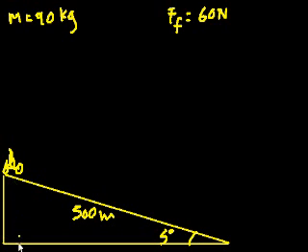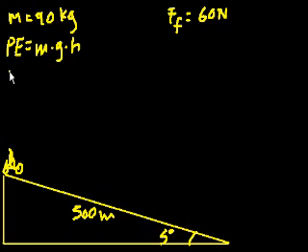So all of the energy is potential, and what is the potential energy? Well, potential energy is equal to mass times the acceleration of gravity times height, right? Well, that's equal to, the mass is 90. Acceleration of gravity is 9.8 meters per second squared. And then what's the height? Well, here we're going to have to break out a little trigonometry. We need to figure out this side of this triangle, if we consider this whole thing a triangle. We want to figure out the opposite.